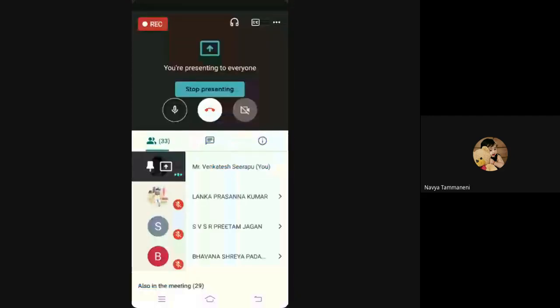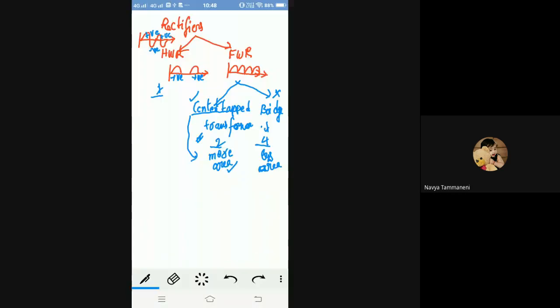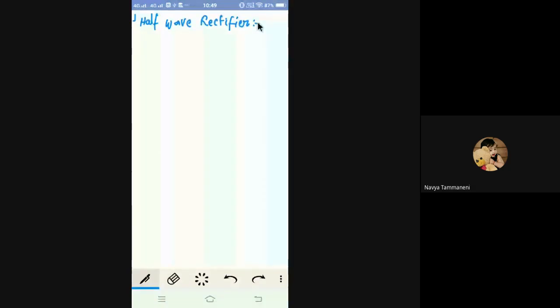Now I will explain the operation of a rectifier. First, we will discuss the half-wave rectifier. How many diodes will be there in a half-wave rectifier? Yes, only one diode.